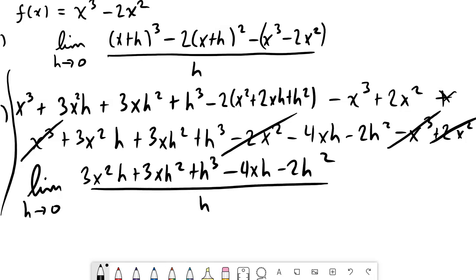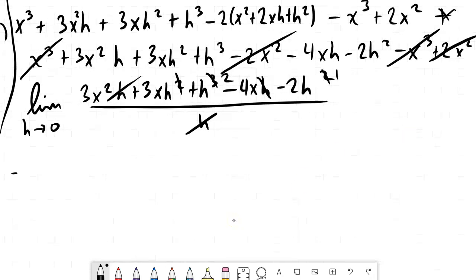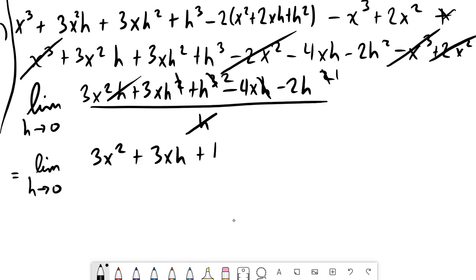If you notice, one thing that's very interesting is that every term has an h, so we can get rid of this h. I'm going to scroll down here just a little bit. There we go. Now this is equal to the limit as h approaches 0 of 3x squared plus 3xh plus h squared minus 4x minus 2h.